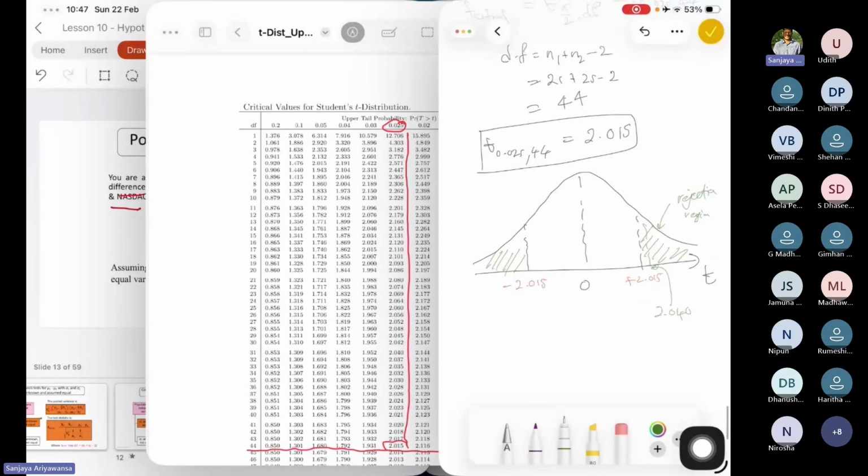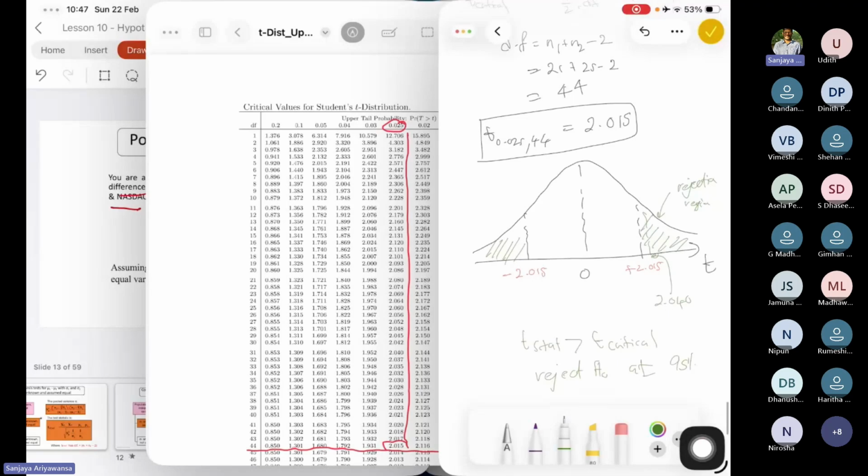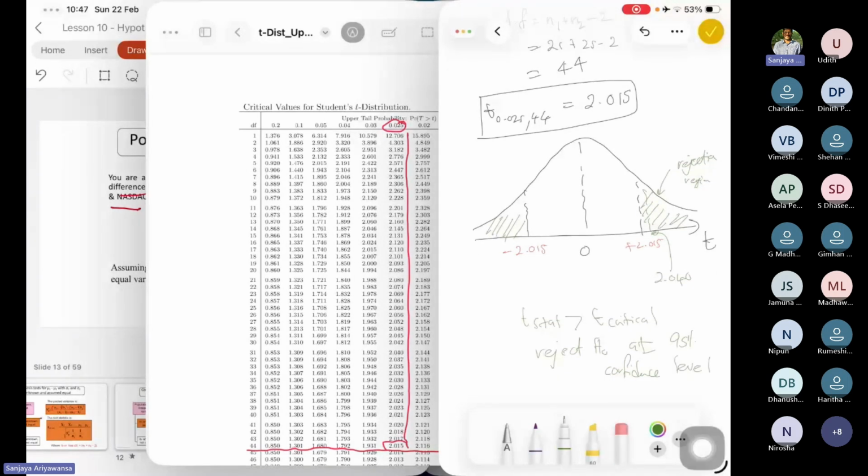So you see that the T statistic is greater than the T critical value. So we unfortunately have to reject H naught at what level? At 95% confidence level. So remember, 95% confidence level was different.